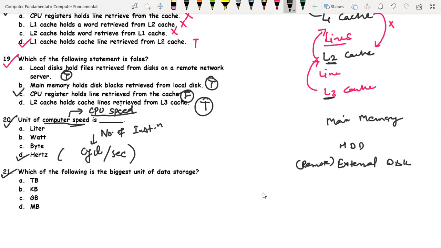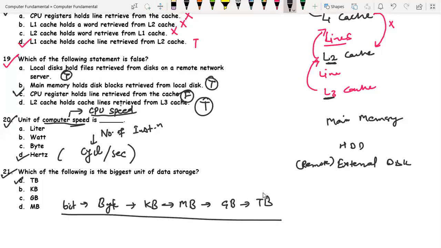Which of the following is the biggest unit of data storage? Terabyte. The correct sequence here is bit to byte to kilobyte to megabyte to gigabyte to terabyte, in increasing order.